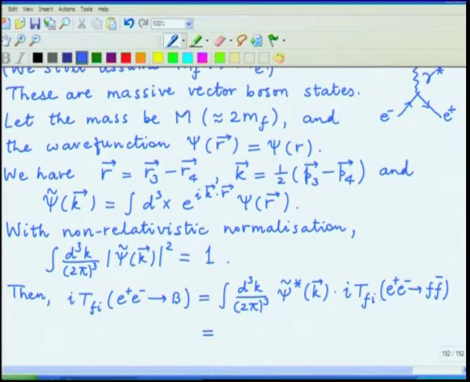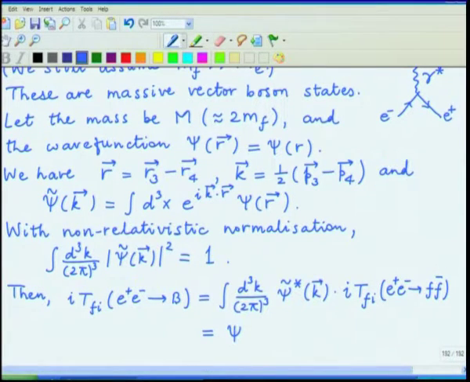And so, if TFI is going to be independent of k, it is isotropic, so it does not depend on direction of k, but it is also independent of the magnitude of k near threshold, then we just have an integral of psi star over the whole space, and that is nothing but the inverse Fourier transform with a phase factor corresponding to 0.